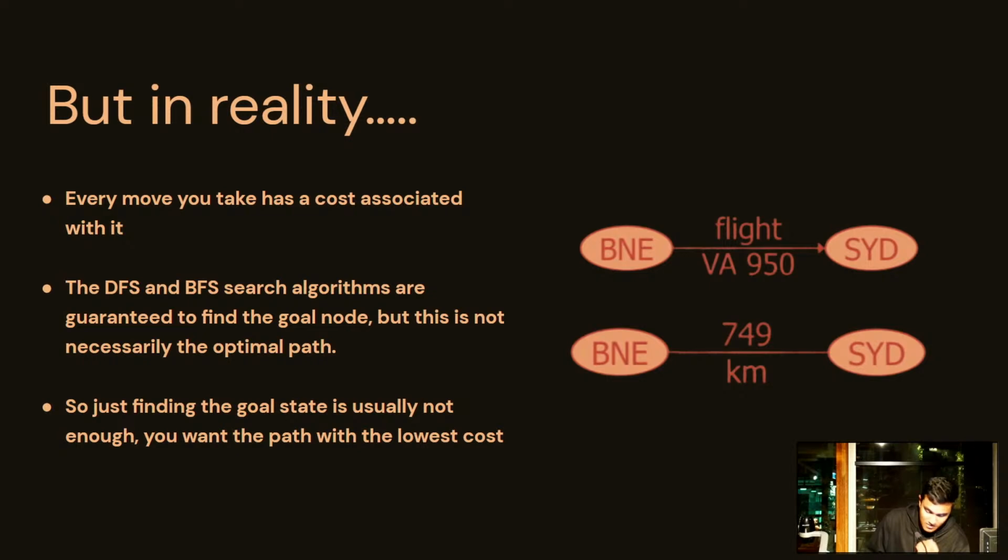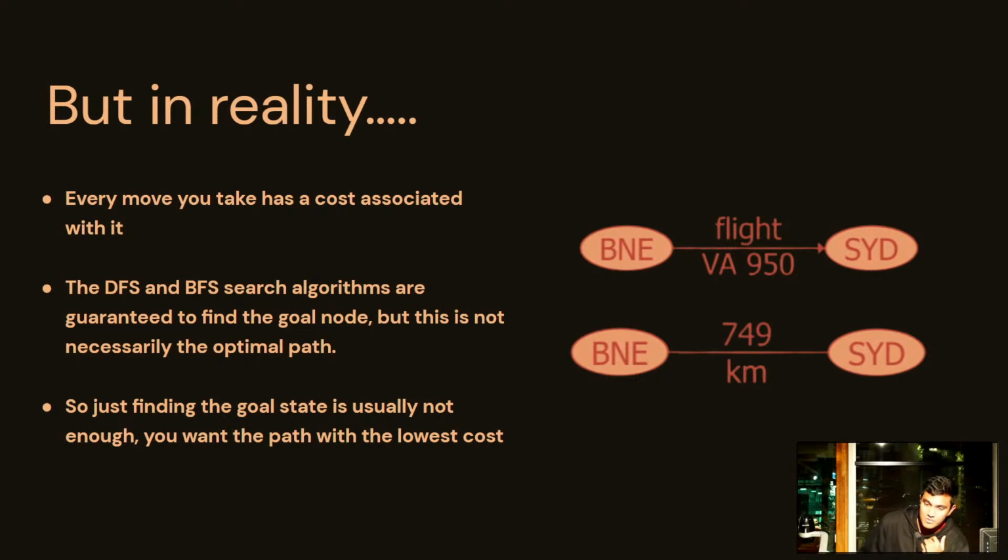So what we've done so far is BFS and DFS with the uninformed. They don't take into account how much something has cost me to get to the point I'm at right now. So the goal state that you find probably won't be the one with real cost. A real life example would be, let's say in the node graph I had before, I'm starting from here, which is AB, I'm going to UQ Lakes.